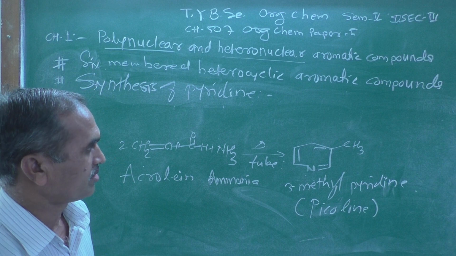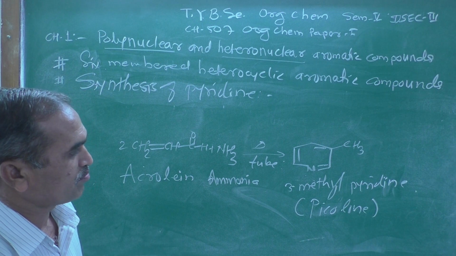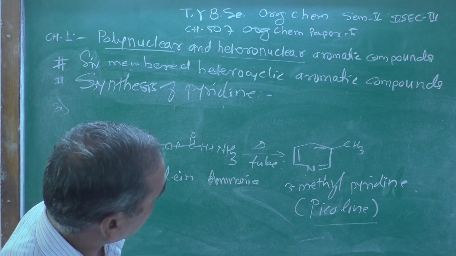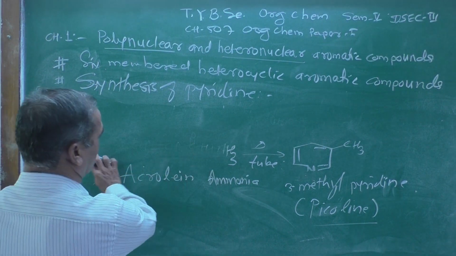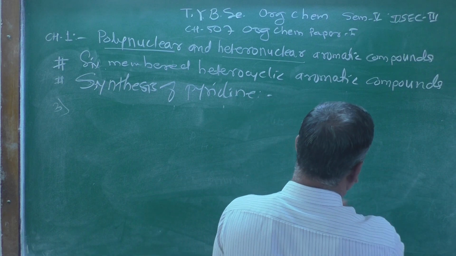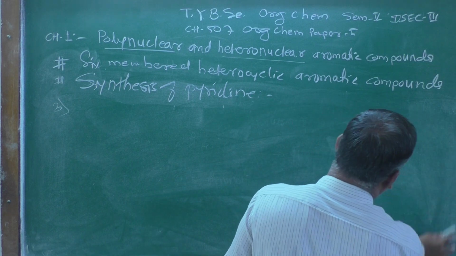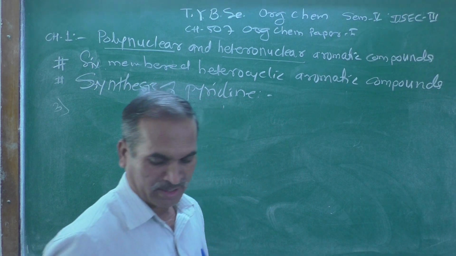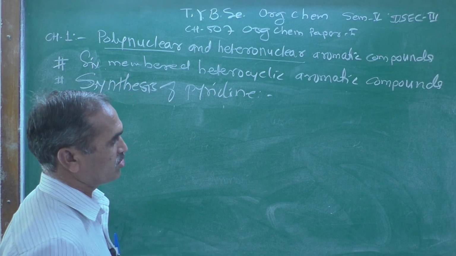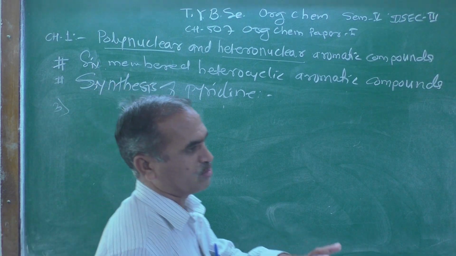3-methyl pyridine is nothing but picoline, which is a common name, and by using picoline, the third method, we can prepare pyridine. Picoline may be present in various isomers. 3 isomers are possible. Isomer means what?